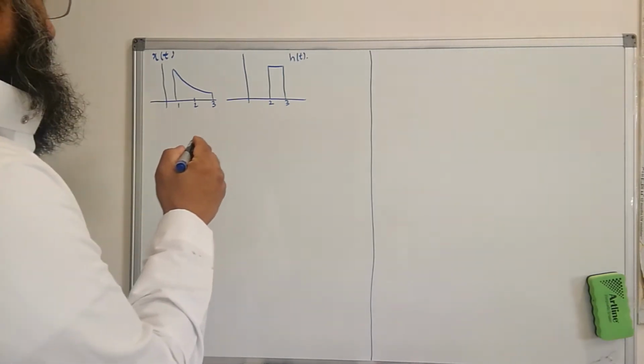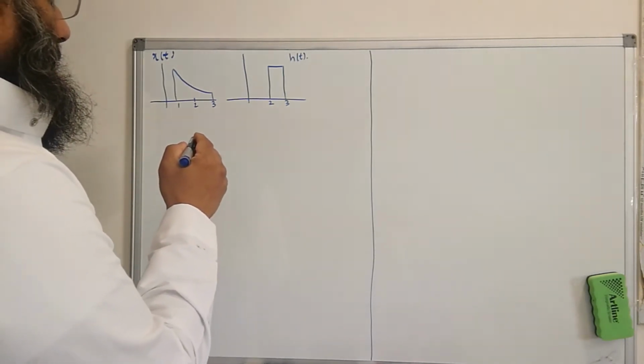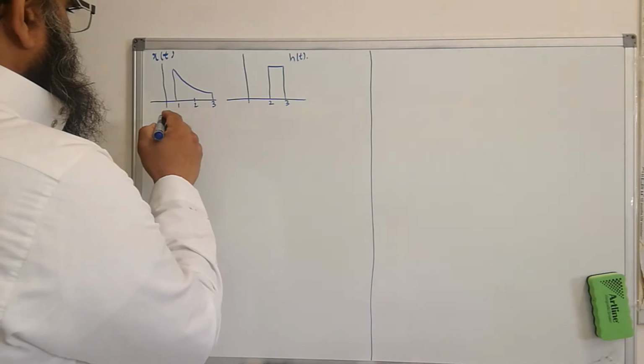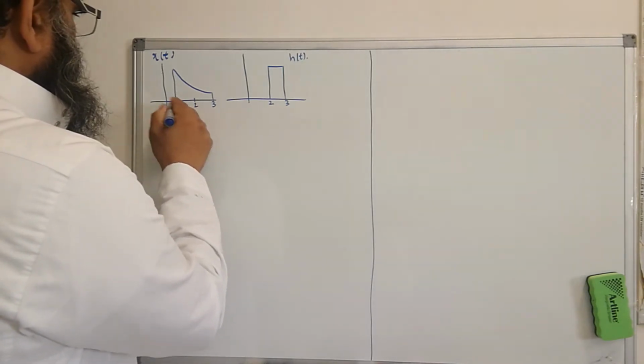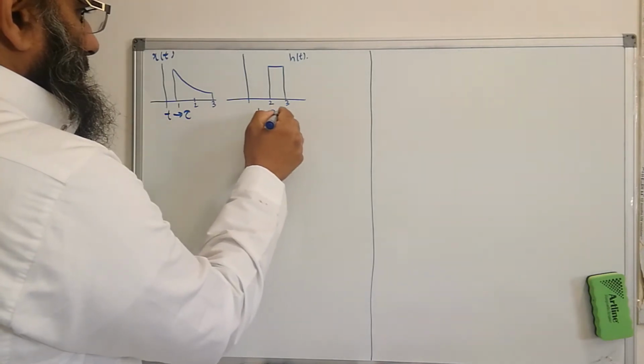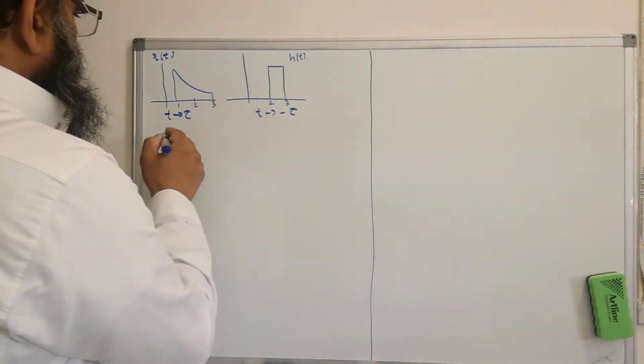So this is another question on convolution. Similar steps, change all the t to tau and t to minus tau here for the h of tau.